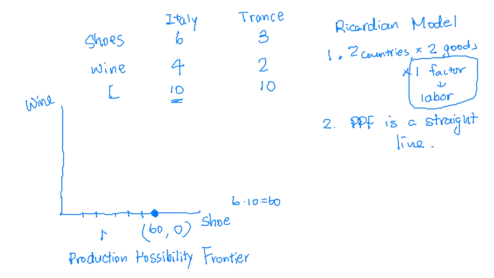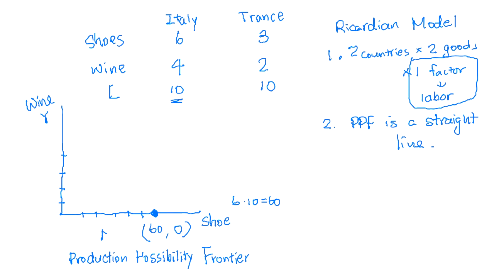By the same token, what about the intercept on the y-axis? That's just the flip side, right? If you put all the labor into the wine industry, how much wine would you produce? 40, right?